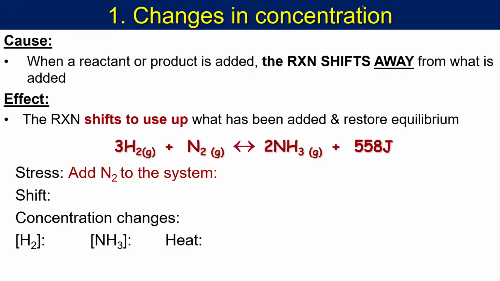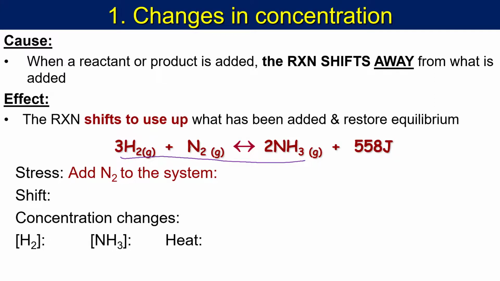Okay, the first stress we are going to get into is what happens when you change the concentration of a reactant or product. If you go back to your cheat sheet from the beginning of this presentation, you will see that anytime we add something to a reaction, the reaction shifts away from what's added. Here we have this reaction, which is the synthesis of ammonia.